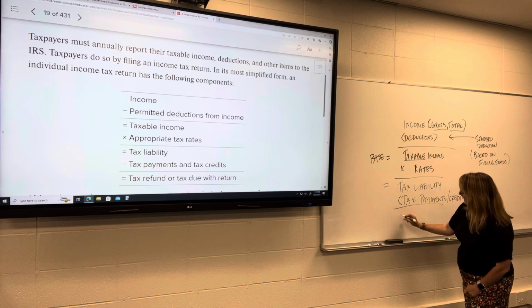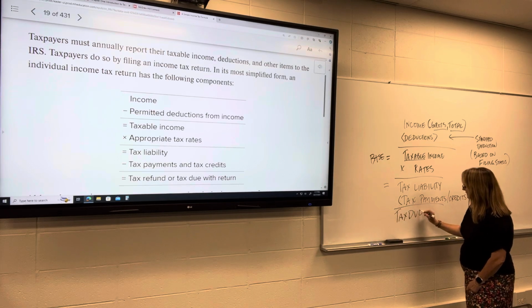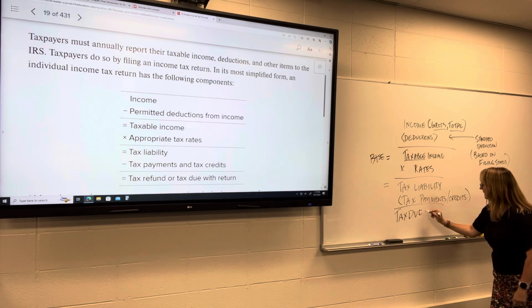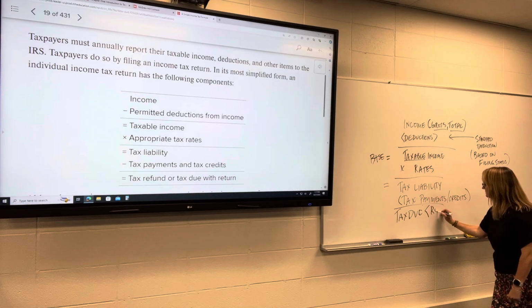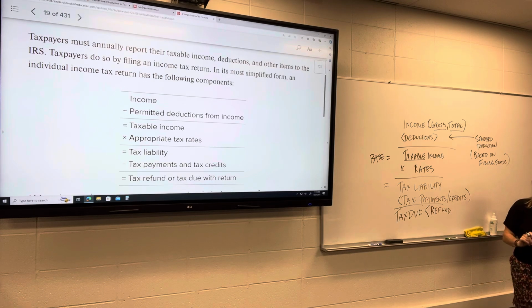To get either our tax due, I'm sorry, no, this is low here, which would be a, no, this is higher, that would be a positive number, or our refund. Okay? That is the basic outline of the tax return.